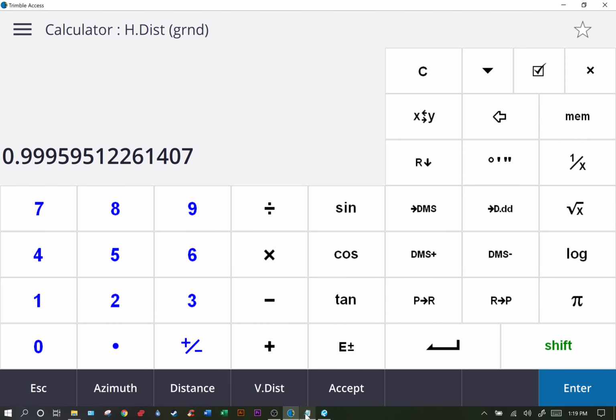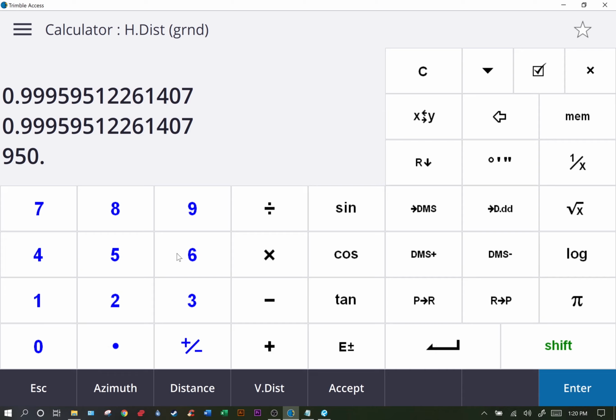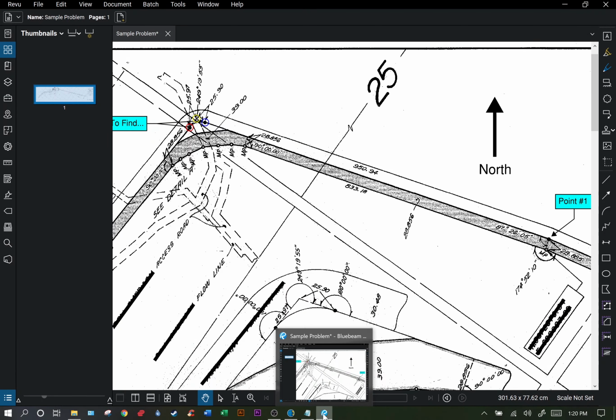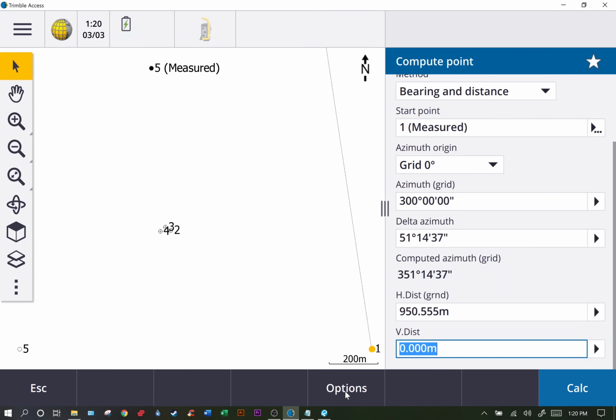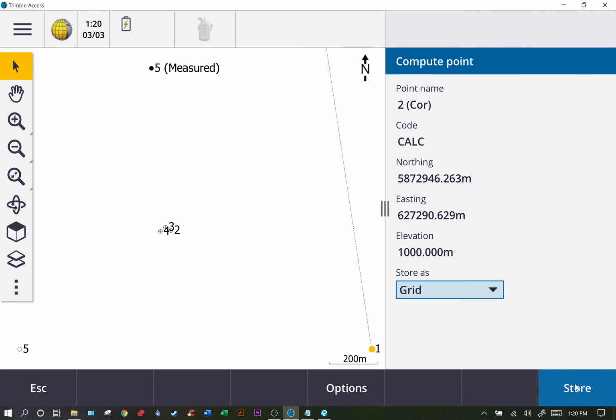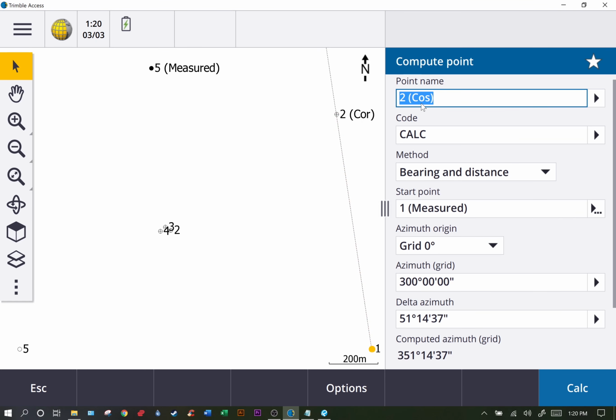Yeah, perfect. So I have my scale factor correction here. I go enter, put in 950.94. I believe that was it. Yeah. So I'm going to multiply those two, accept, and it's populated there for me.